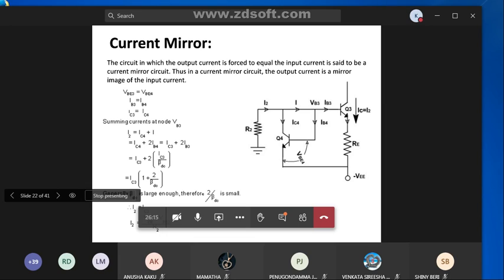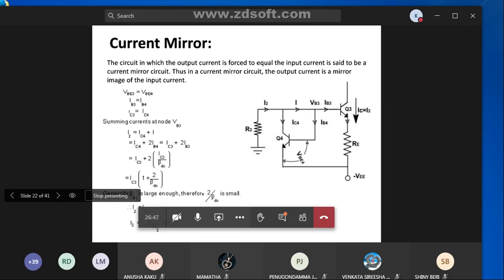So we can write I equal to, at this node, I is divided into two currents, IB3 and IB4. Here IB3 equal to IB4, so we can write 2 IB4 or 2 IB3, right?